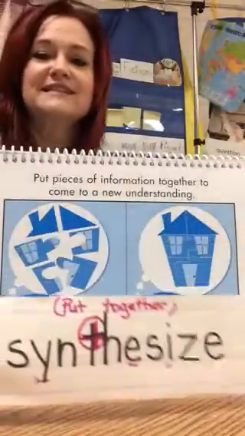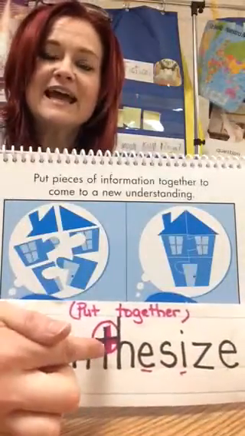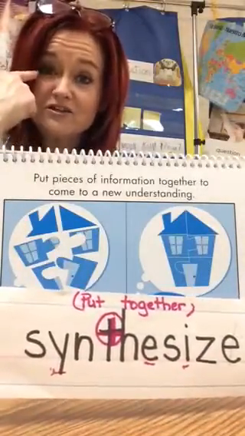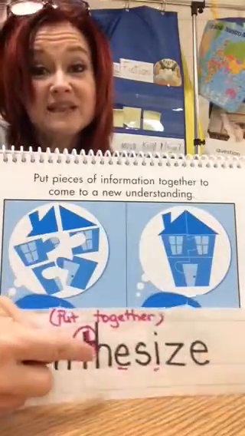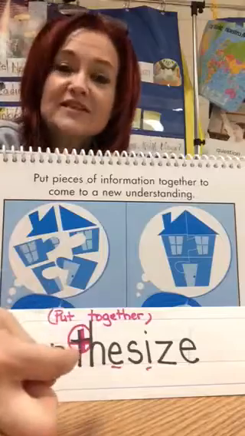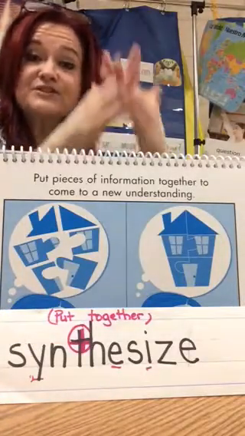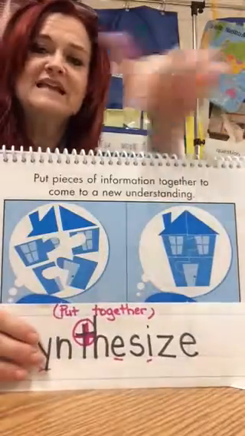That is called synthesize. I visualize a plus add sign put together right there, which helps me to remember when I synthesize, I put together little parts. So, synthesize, put together.